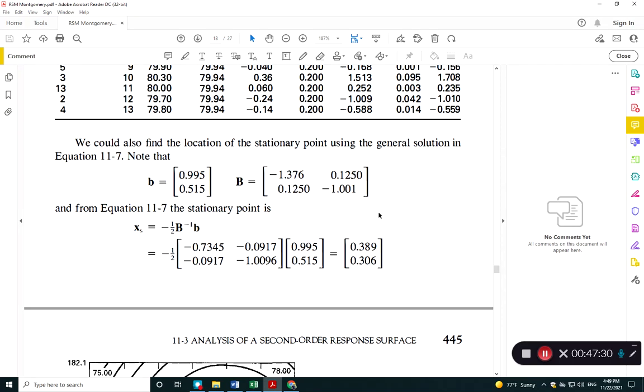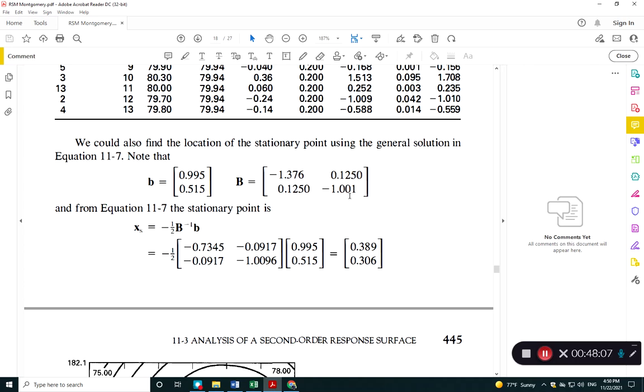What do you think? Without calculating eigenvalues, is this stationary point a peak, a max, or a min? Just by looking at this. For x1 square, the parameter is negative. For x2 square, it is negative. If it's negative, it means that no matter whether going to the left or to the right, whichever direction I increase or decrease x1, my value will be decreasing, except at the stationary point.